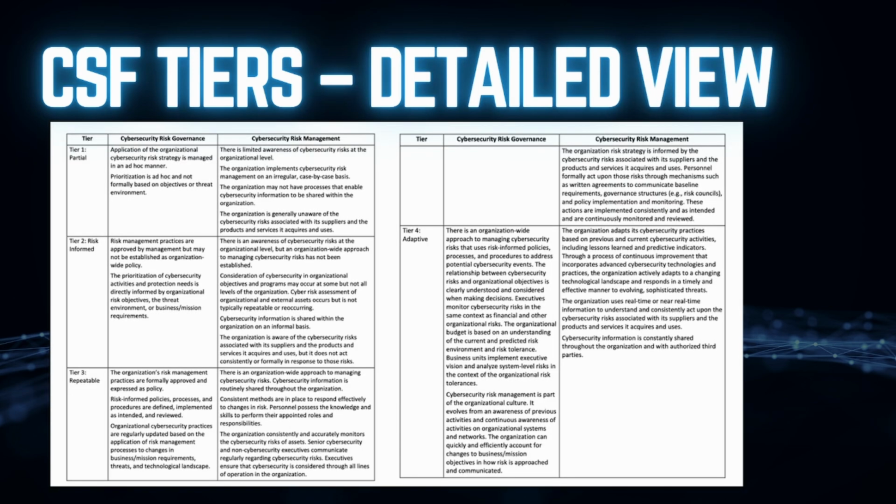As organizations move up the tiers, they become more structured, proactive, and of course data-driven. At higher maturity levels, cybersecurity is fully integrated into decision-making, supported by strong governance and continuous monitoring. This is where organizations can anticipate and respond to evolving threats effectively.